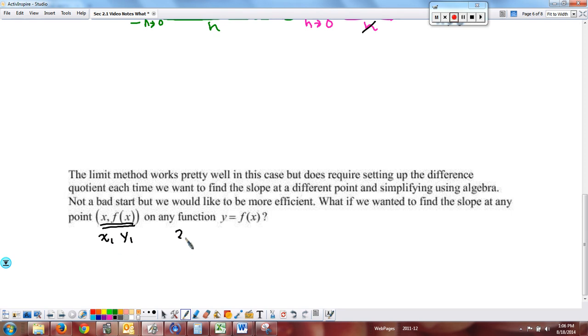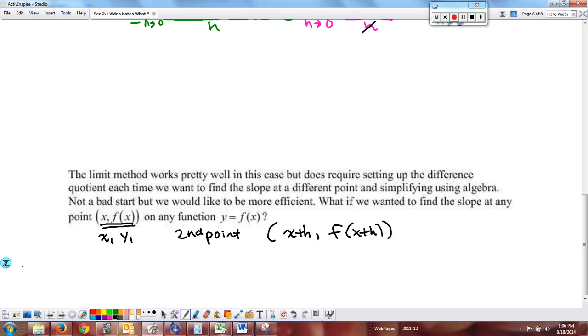And then for our second point, the point that's going to get closer and closer, we're going to do x plus h. Notice that instead of a number here, we actually just leave it generically x, and then f of x plus h.